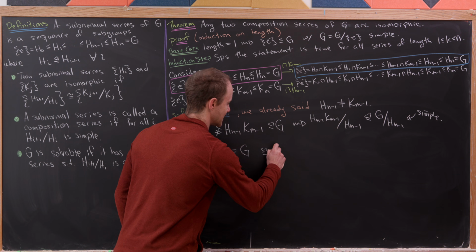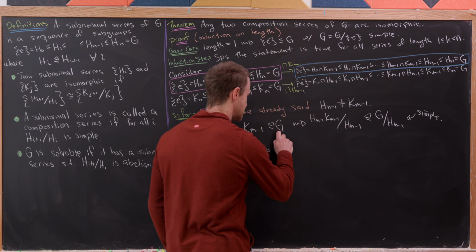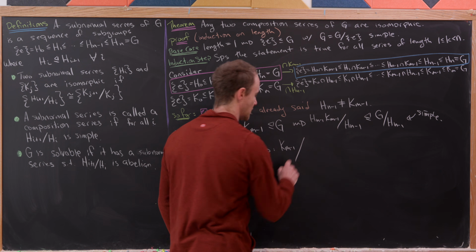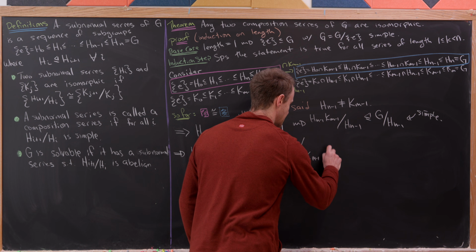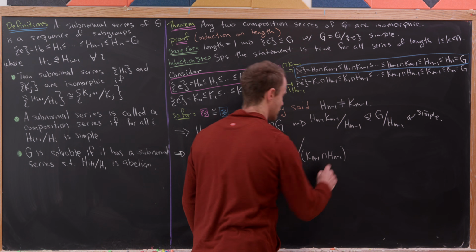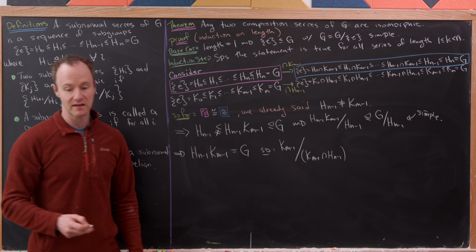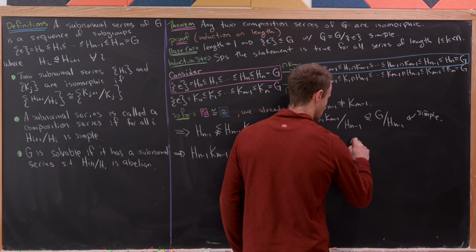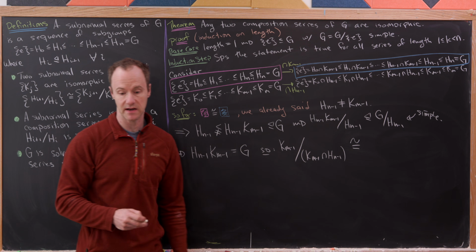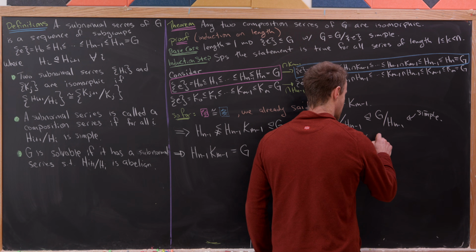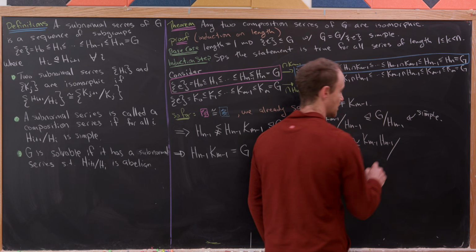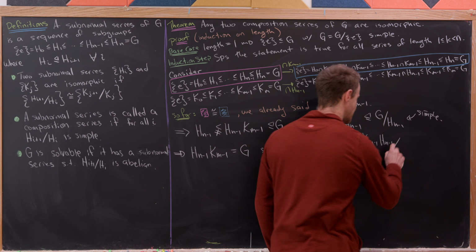And what is that going to give us this time? So now let's look at k_{m-1} mod out by k_{m-1} intersected with h_{n-1}. And let's observe by the second isomorphism theorem, like I just said, that's going to be the product k_{m-1} h_{n-1}, mod out with h_{n-1}.